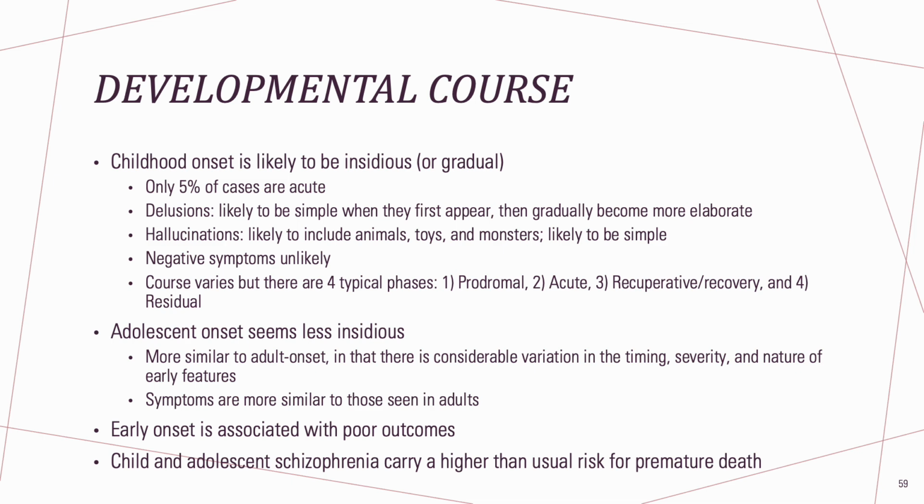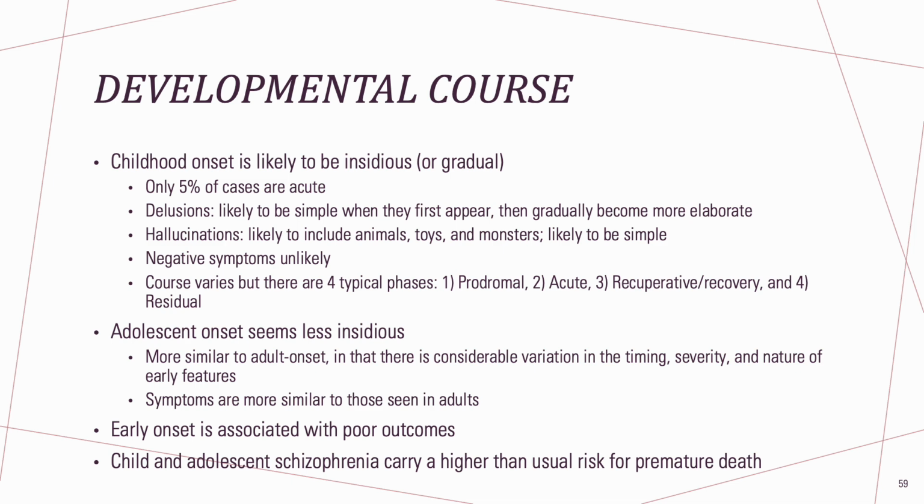When we talk about delusions for children with schizophrenia, these are things that are likely to be simple when they first appear, and then they gradually become more elaborate. Children's hallucinations tend to include animals, toys, and monsters, and again, they're very likely to be simple. And then negative symptoms are pretty unlikely, or you see it less often than the positive symptoms for childhood schizophrenia.